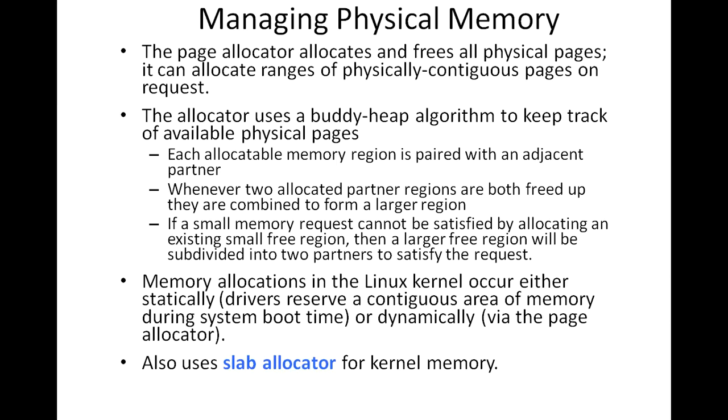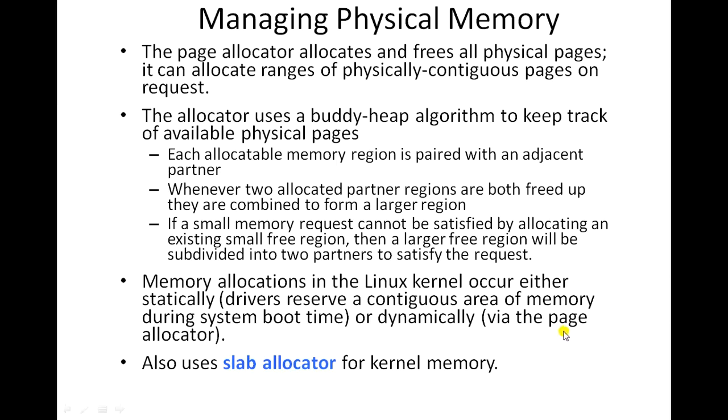Each allocatable memory region is paired with an adjacent partner in the buddy heap algorithm. Whenever two allocated partner regions are freed up, they are combined to form a larger region. If a small memory request cannot be satisfied by allocating an existing free memory region, then a large free region will be subdivided into partners to satisfy the request. The memory allocations in the Linux kernel occur either statically or dynamically.